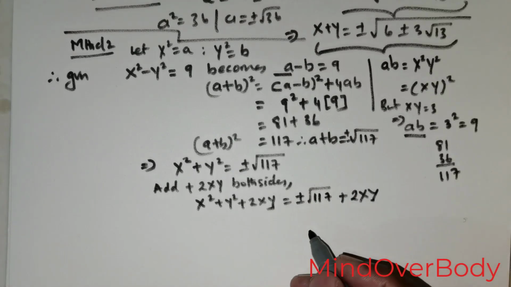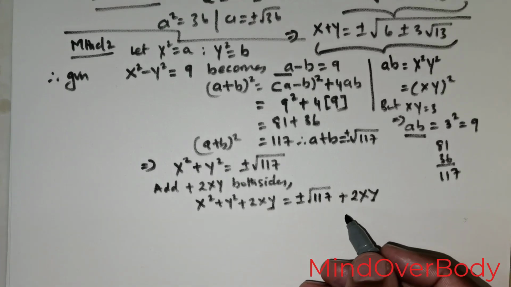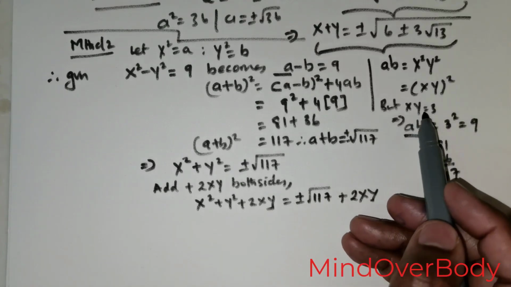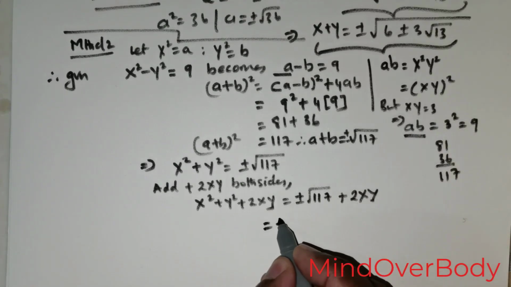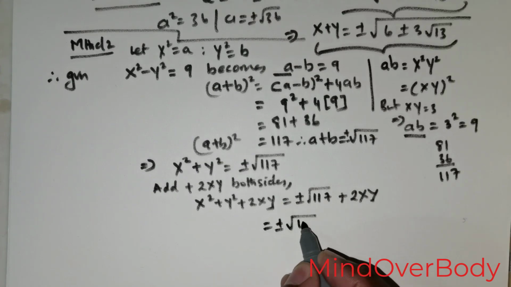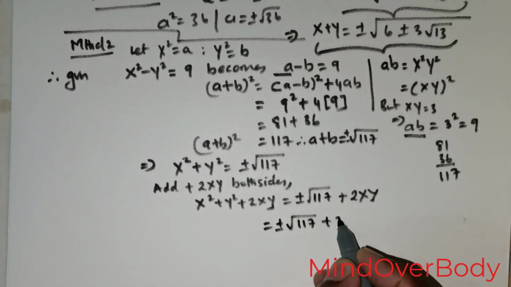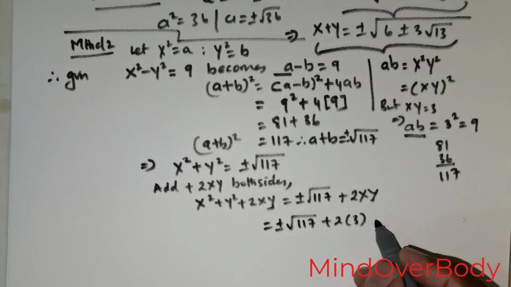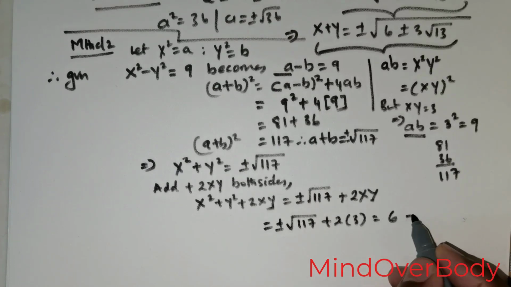Now x into y, clearly we know, is 3, so this is going to be plus or minus square root of 117 positive 2 times 3, which is 6.